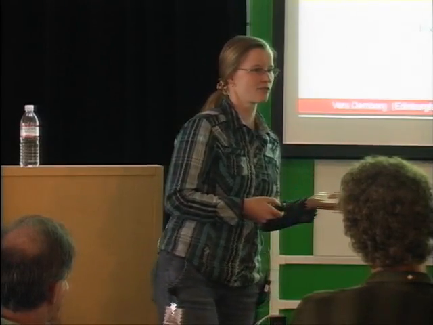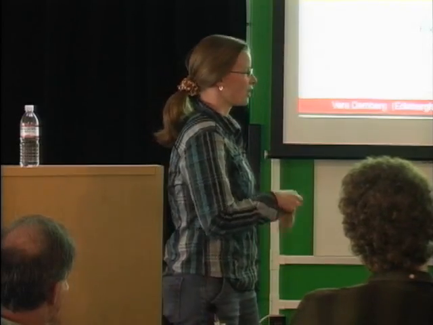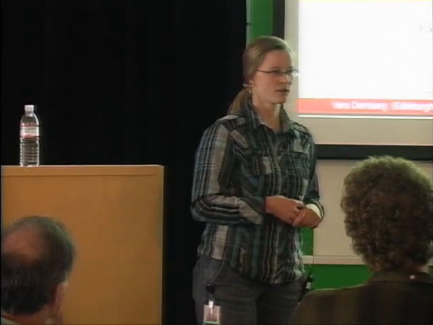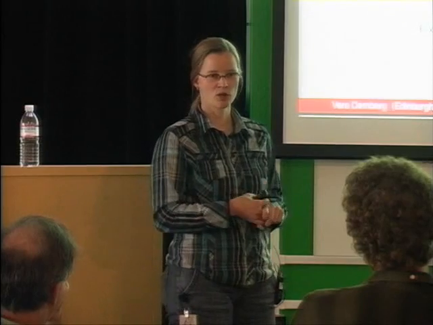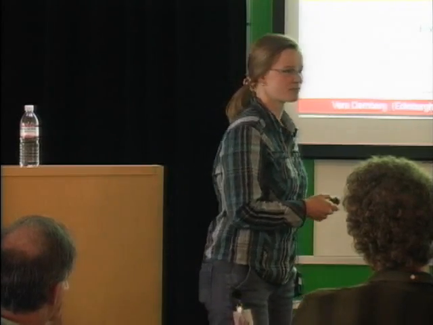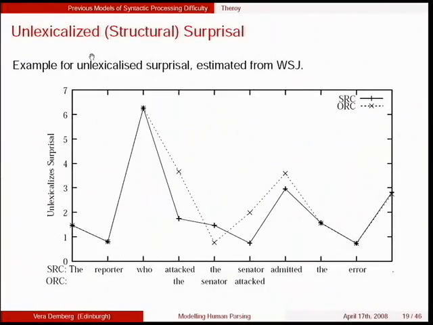So the idea is that if the word you hear is only compatible with a structure that's very, very low probability, then that's really difficult. Here's what happens when we let this implementation run on a sentence with a relative clause that we saw before. This is non-lexicalized.